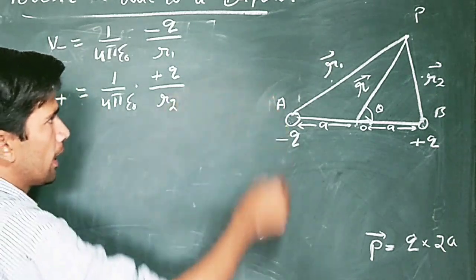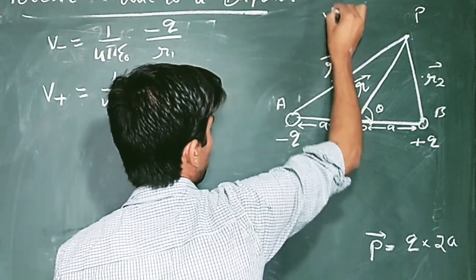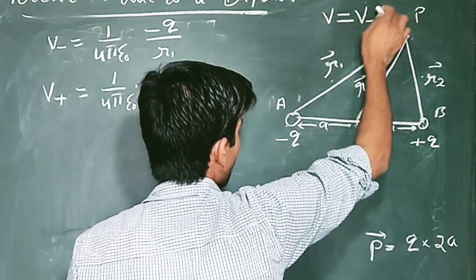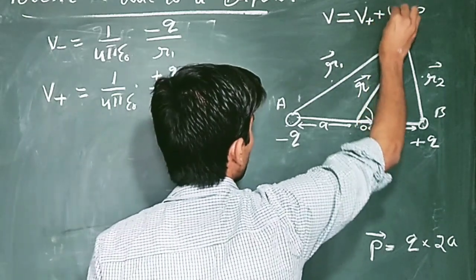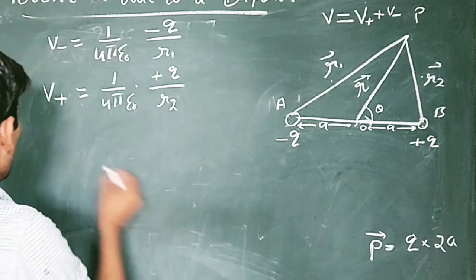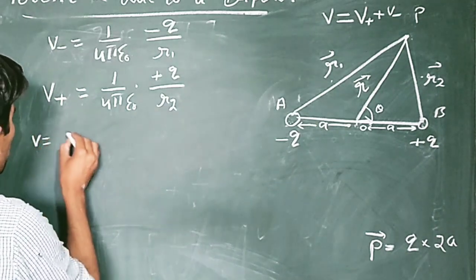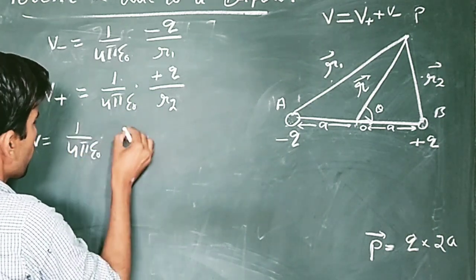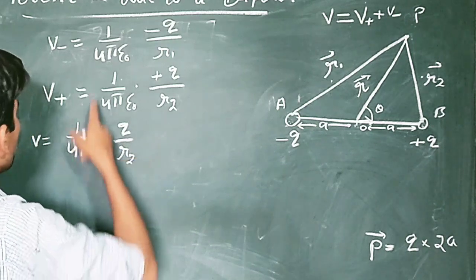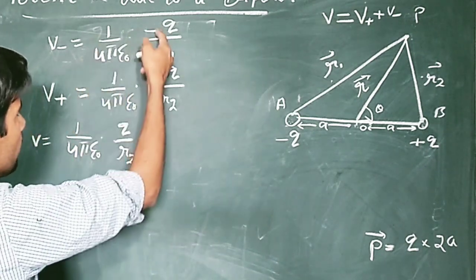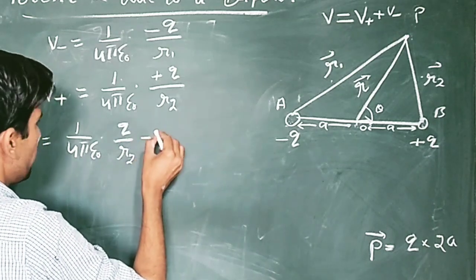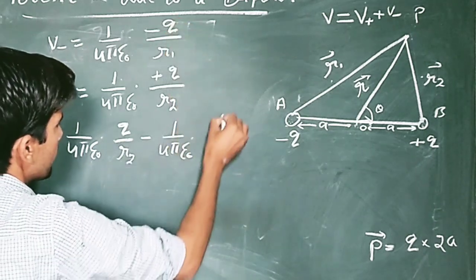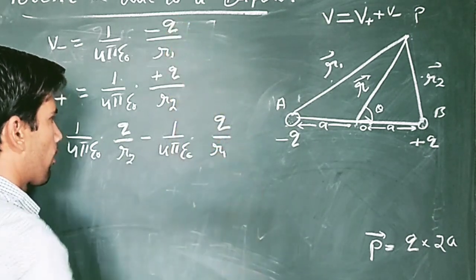Now the net potential at point P, which is V, is equal to the sum of the potential due to the positive charge plus the potential due to the negative charge. So the total potential V is equal to 1 by 4 pi epsilon naught q divided by r2, and for the potential due to the negative charge I take the negative sign, and the remaining term is 1 by 4 pi epsilon naught, the charge is q, and the position vector is r1.